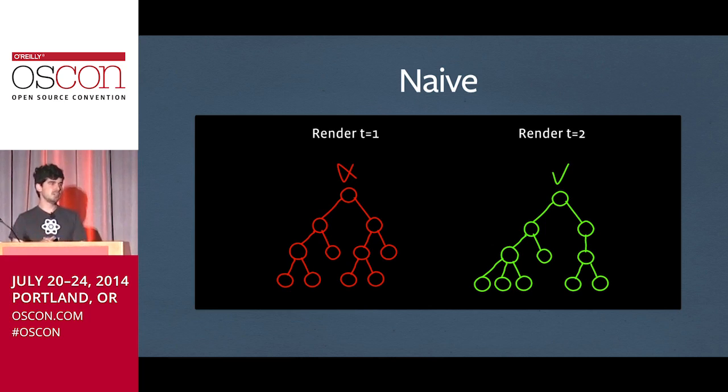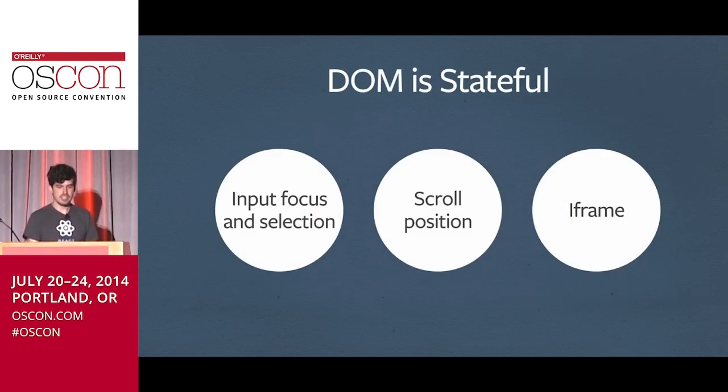We create an entire new DOM tree of the thing we want to render, remove the old one and replace it with the new one. This is probably going to be super slow, but we wanted to know, at least, is it working? And it turns out that it mostly works, but it doesn't quite work for all use cases.